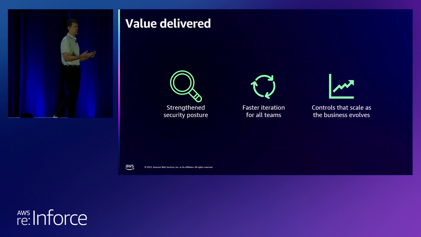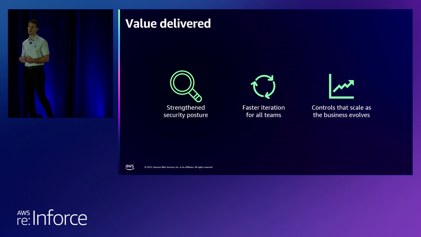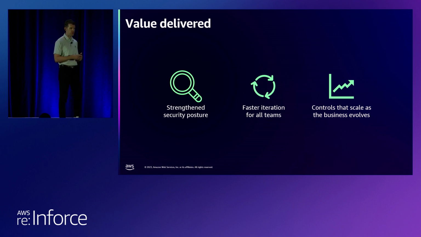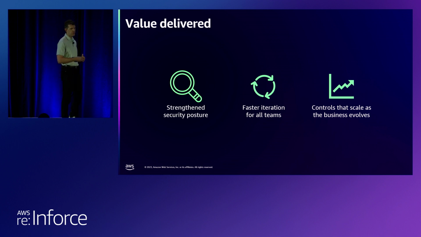Now, we've delivered a lot of value with this solution in a couple ways. As we mentioned, we have the ability to update our detection stack continuously as the needs of the business change. We also have telemetry set, which we can do research on further AWS services we wish to utilize. We've also allowed for faster iteration for all of our stakeholders.